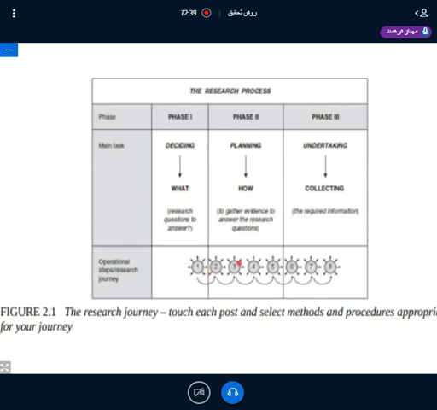Phase 2 was 4 steps. Now we are talking about phase 3, undertaking and collecting, for example, collecting information, collecting the data. Now we are studying this phase: undertaking of research.